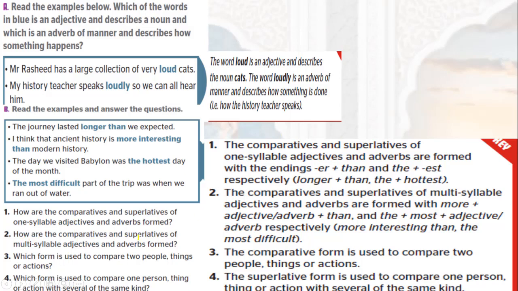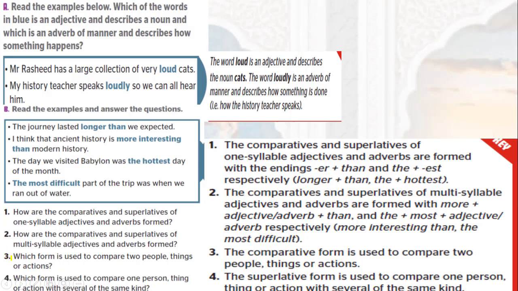And how are the comparatives and superlatives of multi-syllable adjectives and adverbs formed? They are formed with more, followed by the adjective or the adverb, followed by than to compare, and if it is a superlative, we need the most and the adjective or the adverb, like in more interesting than and the most difficult.